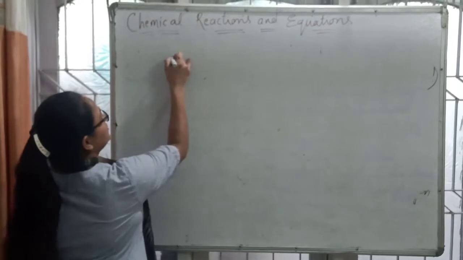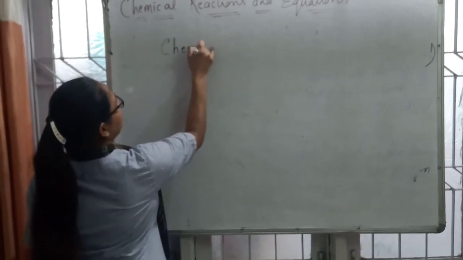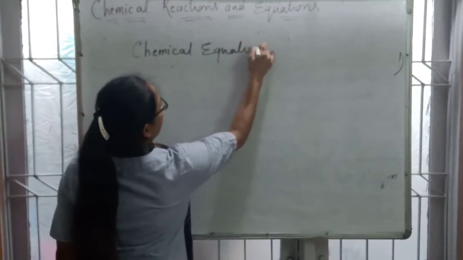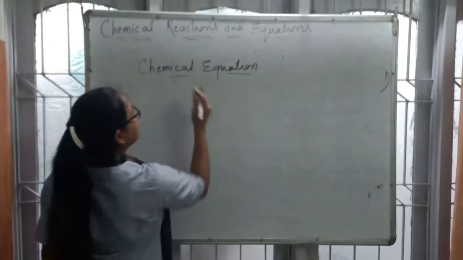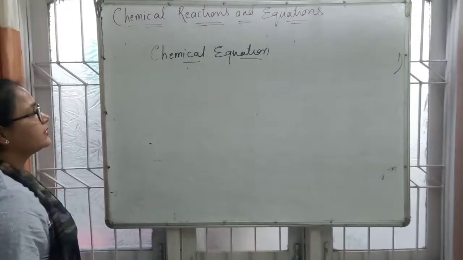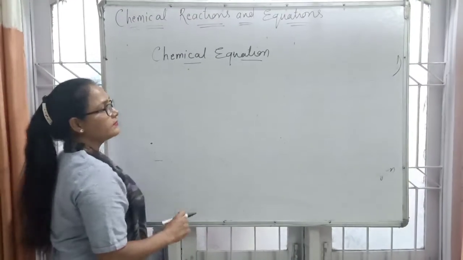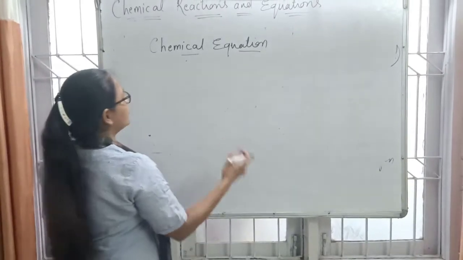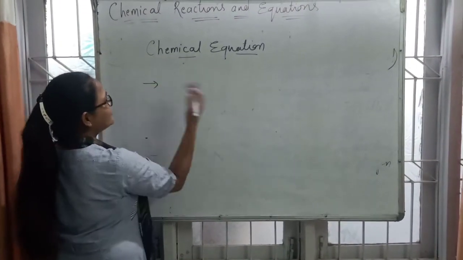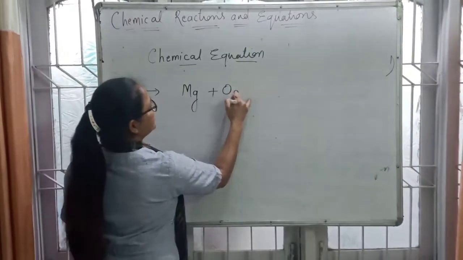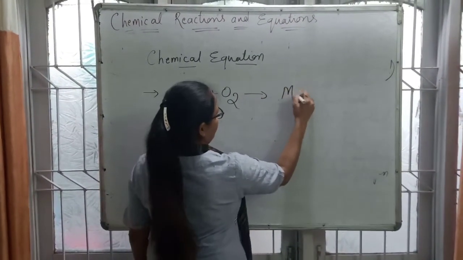As we are talking about chemical equations, when we interpret any chemical reaction and write it in the form of symbols and formulas, suppose I take a very simple example again: Mg plus O2 gives MgO.